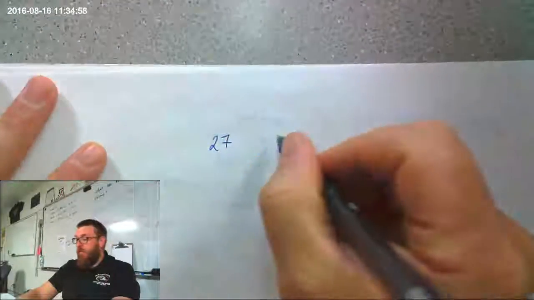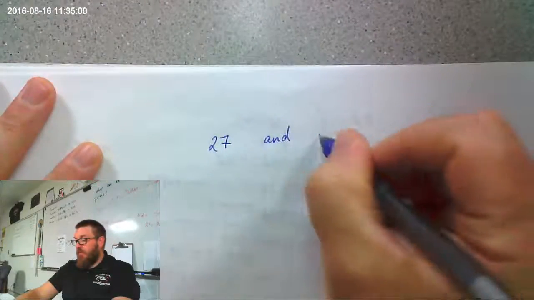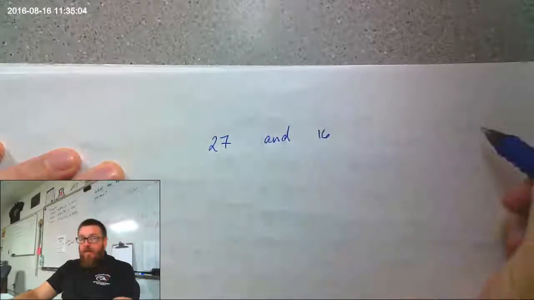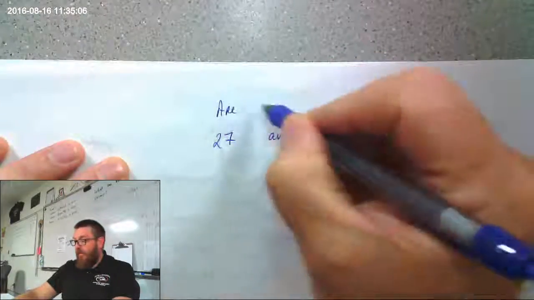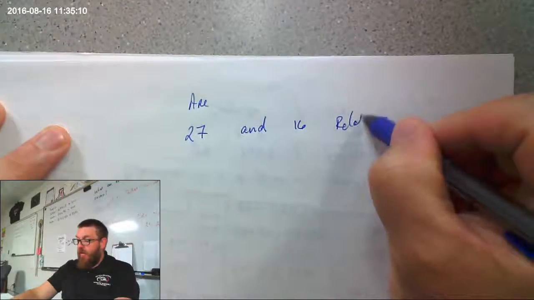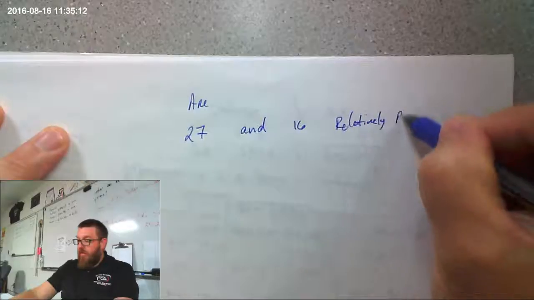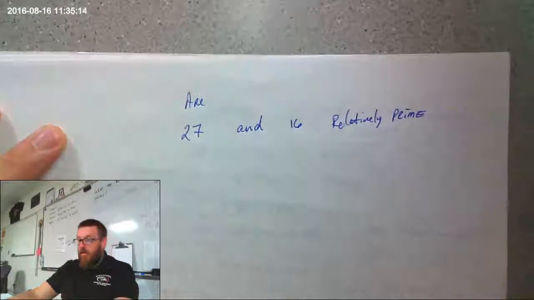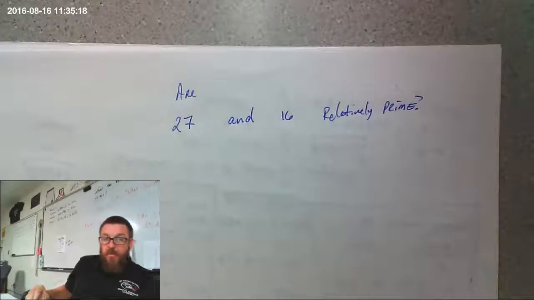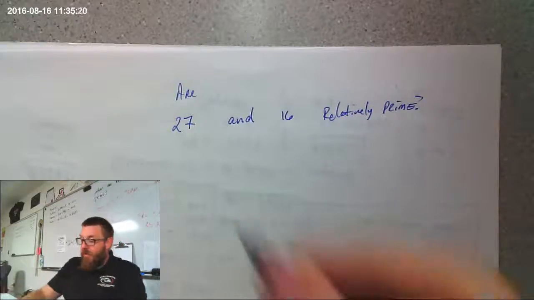So let's see an example of relatively prime. Let's talk about 27 and let's do 16. So the question might say, are 27 and 16 relatively prime? Okay. So the way you would do it is you take each of those numbers and you break them down into their prime numbers.